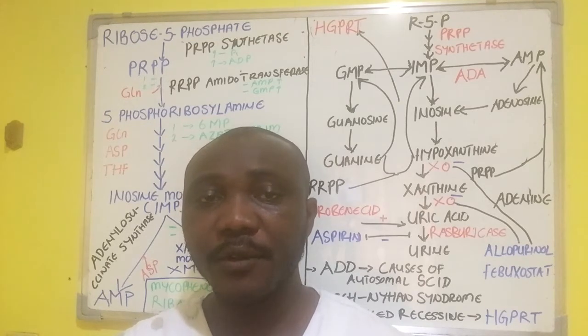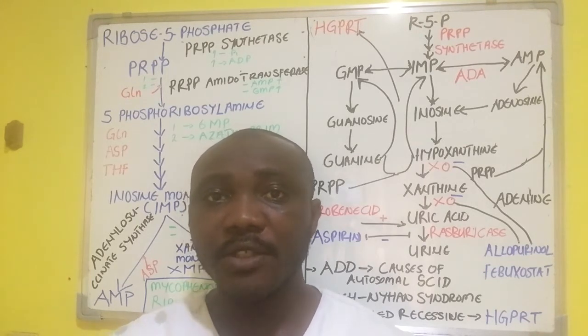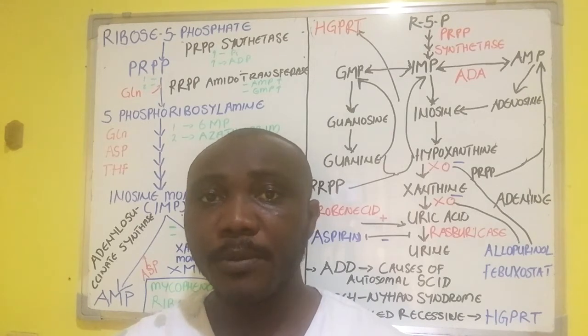We know that purine biosynthesis begins with the conversion of ribose 5 phosphate to PRPP by PRPP synthetase, because PRPP is actually the active form of ribose 5 phosphate.